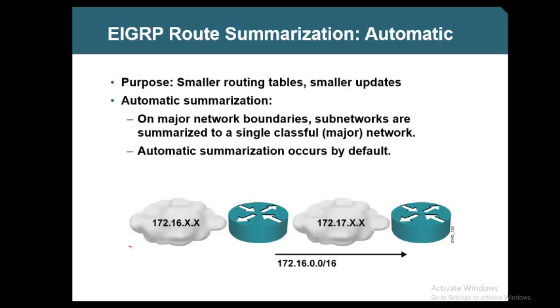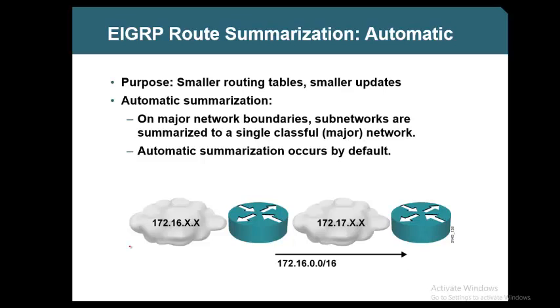What is the major network? 172 is Class B, so summarizing to /16. For a Class A network like 10, you summarize to /8. That's the major network boundary, the classful boundary.